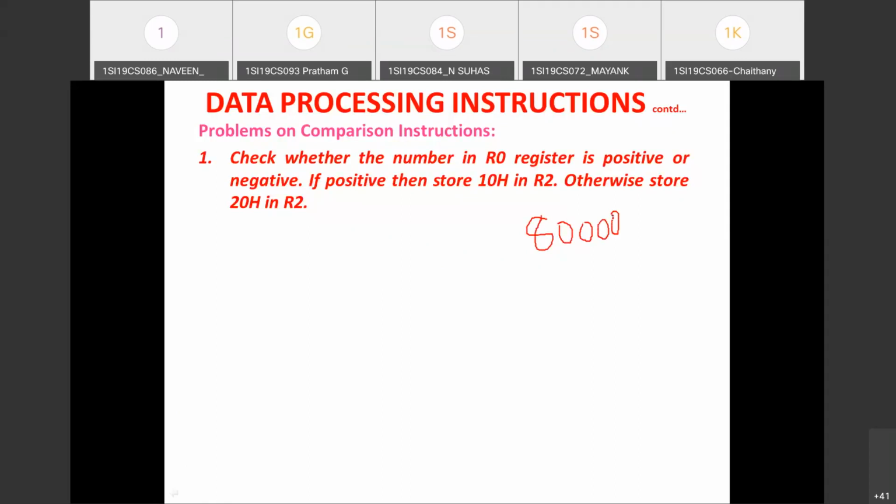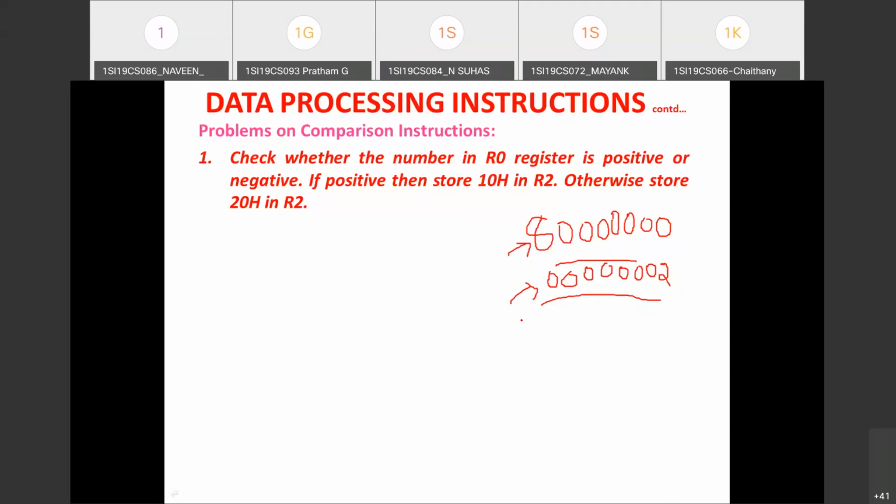If this is the value I am using to perform the test operation, what will be the result if you have taken a positive number? I'll take 2 as the input. 2 is a positive number, in hexadecimal.